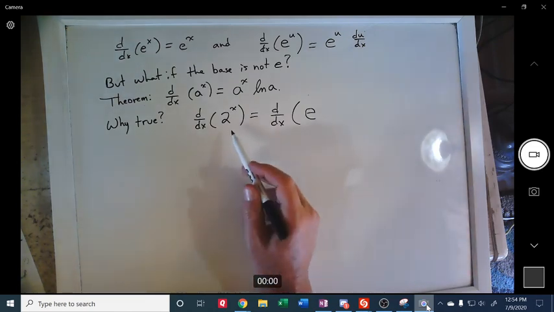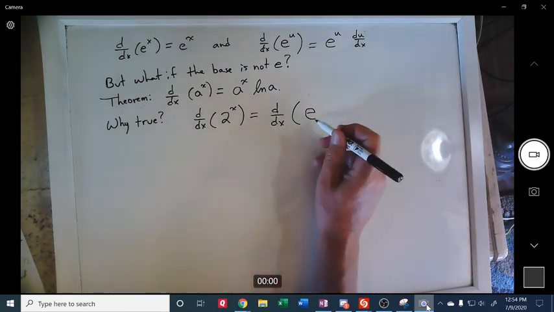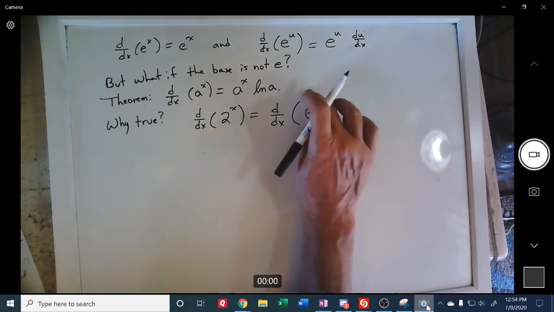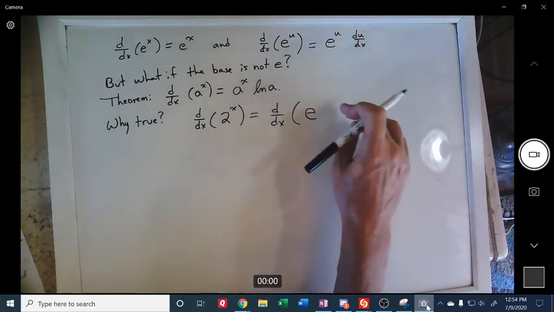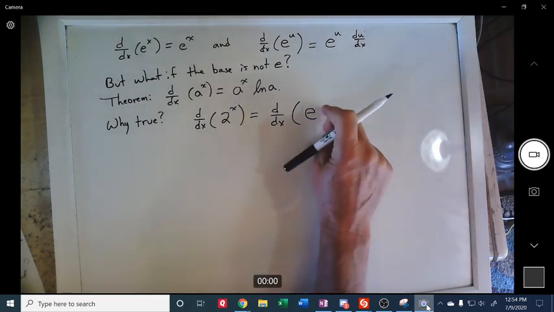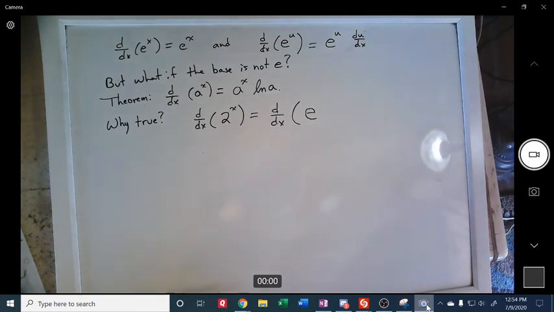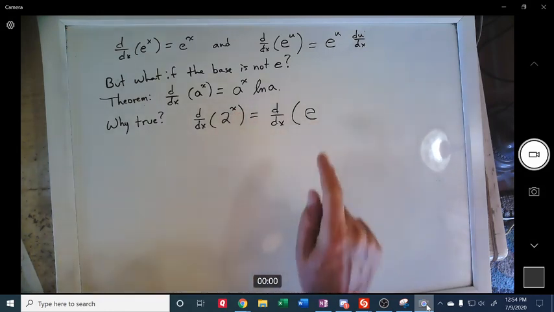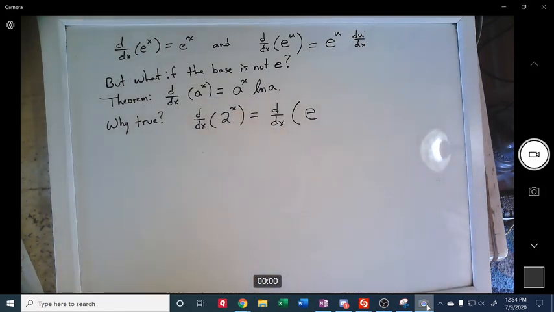So 2 to the x can be rewritten as e to the what power up here. So let me give you a moment. Go into your groups, see if you can remember what that was, chat about it for a little bit, and then I'm going to ask a group. How did we do this? It was in the practice quiz yesterday. It means the same thing as 2 to the x, but it has a base of e. I'll give you a minute.